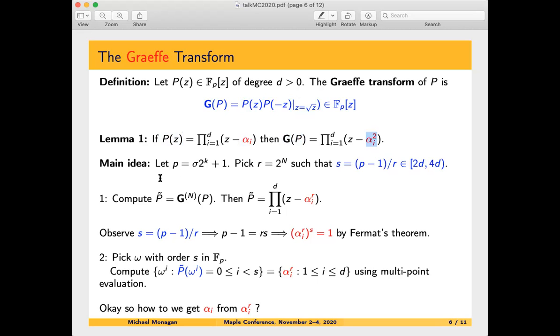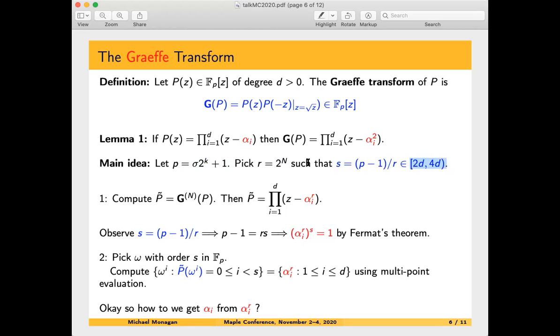Now, the main idea of the method is the following. If I have a prime of this form, I'm going to pick a power of 2 and choose s, which is p minus 1 over that power of 2, to be in this range. I'll be able to do that if sigma is small and k is large. I'll explain why this range later.